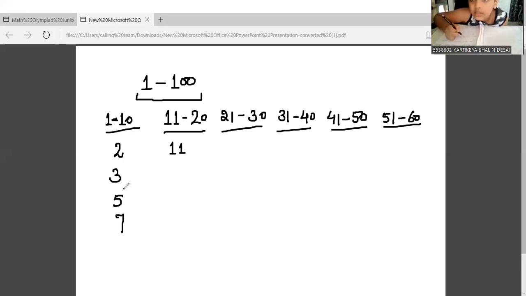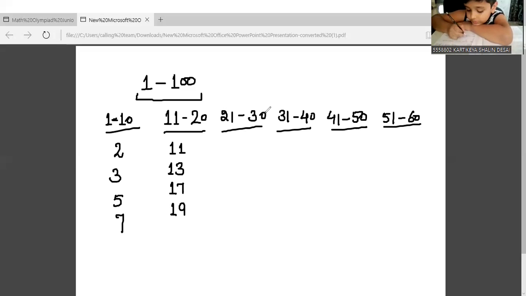Yes. Because all the even numbers are divisible by 2, except 1 and itself. So we'll think only in odd, right? So the other number is 13. What about 15? It is divisible by 3. 15, very good. So we should skip that. So after 13, we have 17, then we have 19.